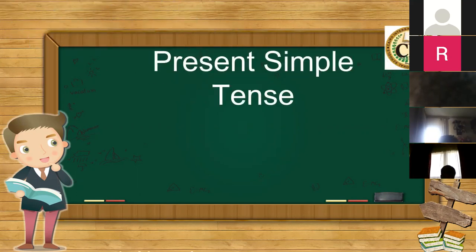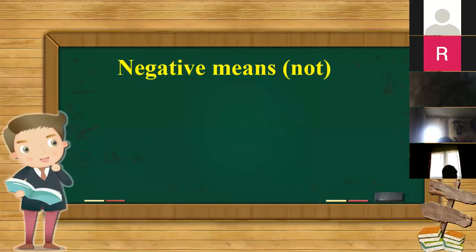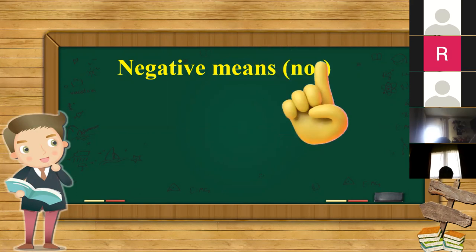Okay, so as I told you, we are going to talk about the negative form and the interrogative form. What do we mean by negative? Negative means, do you know? Remember, negative means not.